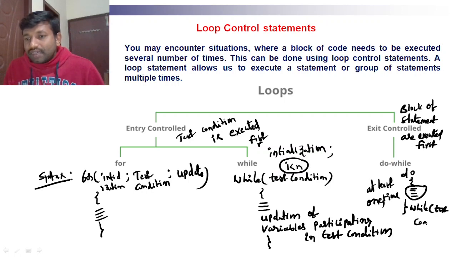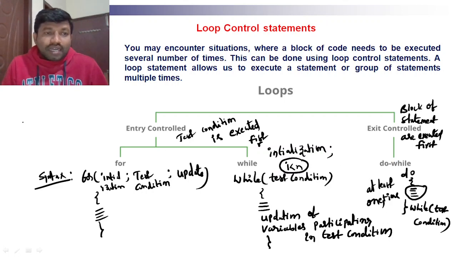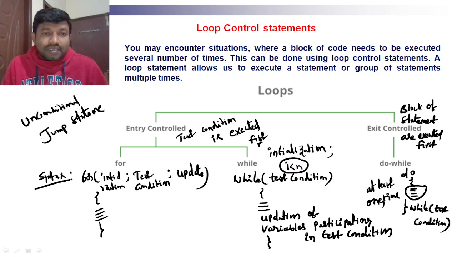We will see what is the difference between the while and do while loop, all this stuff in the coming sessions. Apart from this, we also have one more kind of statements or instructions called jump statements, which will also be covered in the coming sessions.